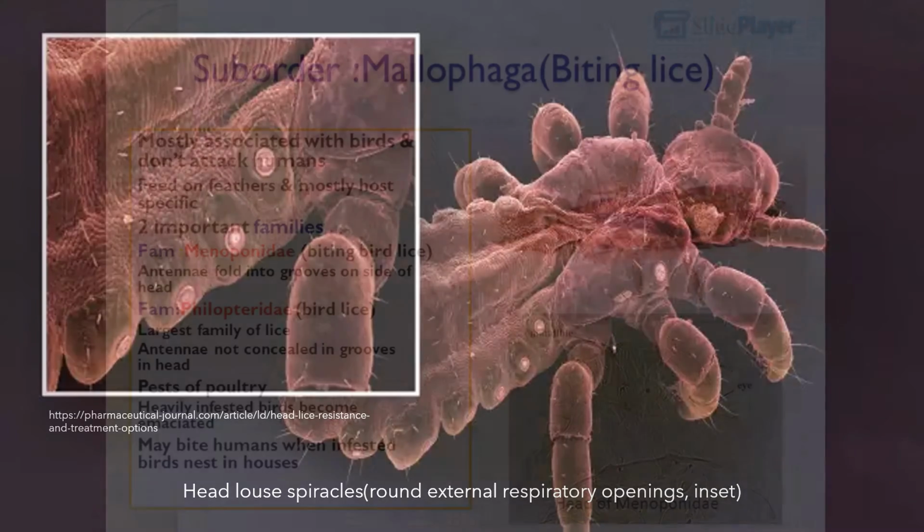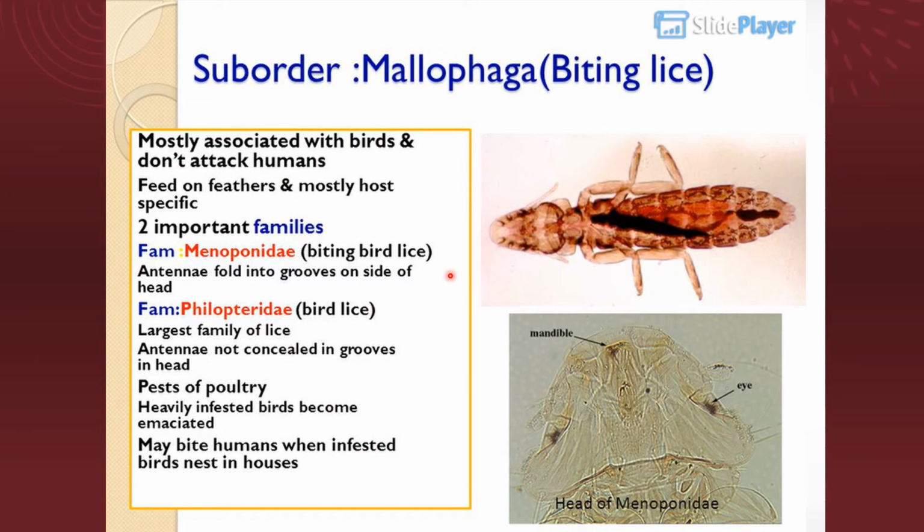spiracles. The Mallophaga, or the biting chewing lice, are mostly associated with birds, and they don't attack humans. They feed on feathers, and mostly they are host specific. There are two important families under this suborder, the family Menoponidae, or the biting bird lice, and the family Philopteridae, or the bird lice.